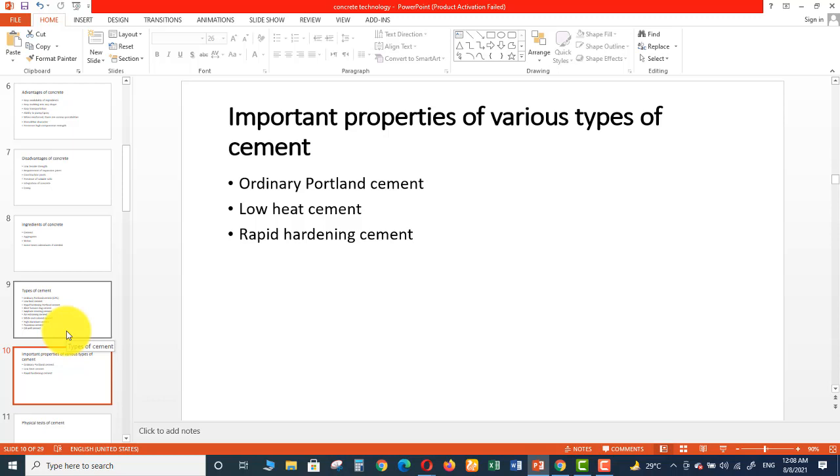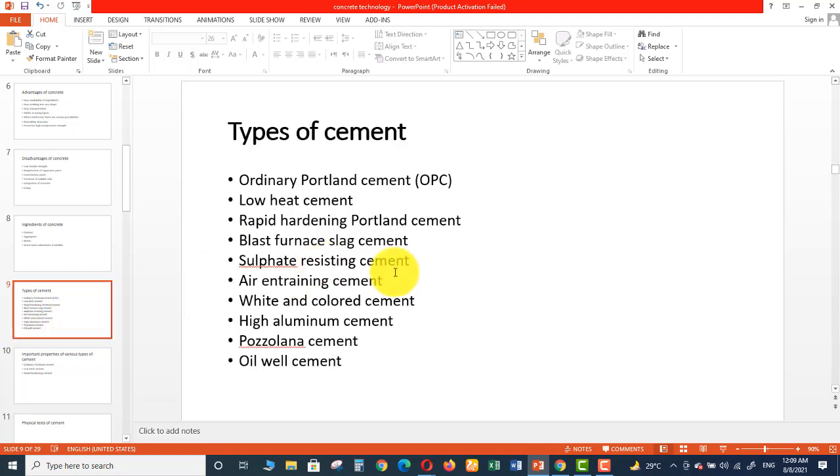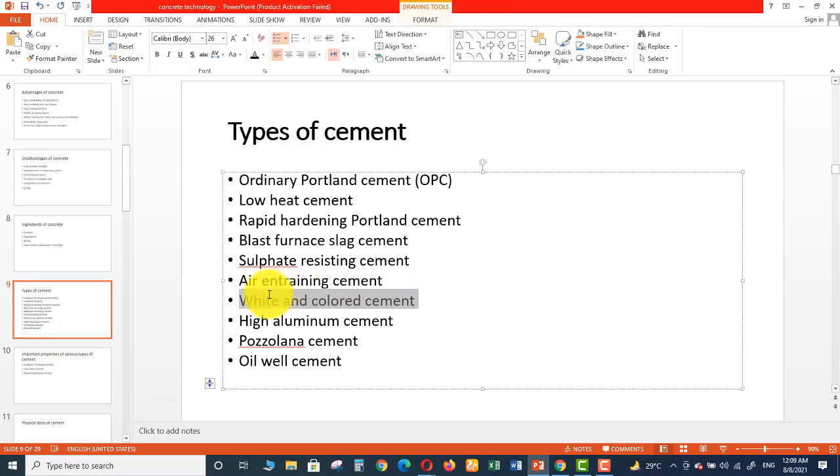So these are the important properties of various types of cement, as we have discussed. The other important point which I need to discuss, we have skipped white and colored cement. This sort of cement is prepared by adding 5 to 15% of suitable coloring pigments, because cement is finely ground.